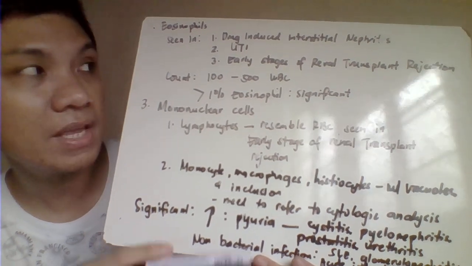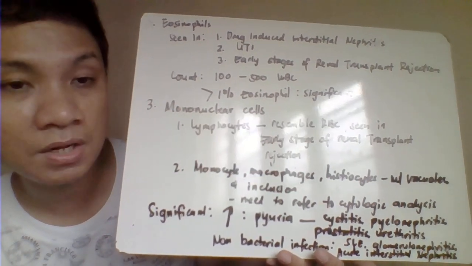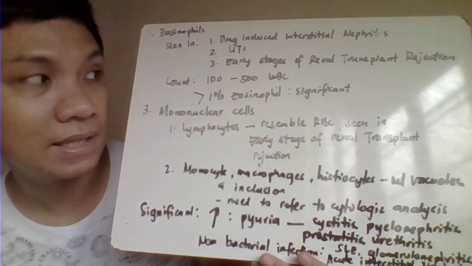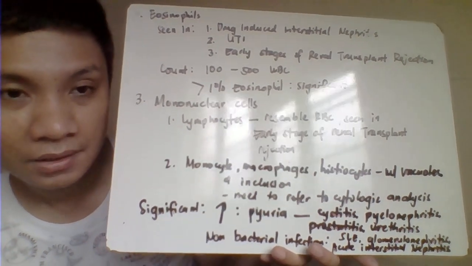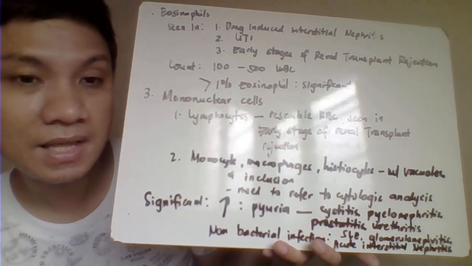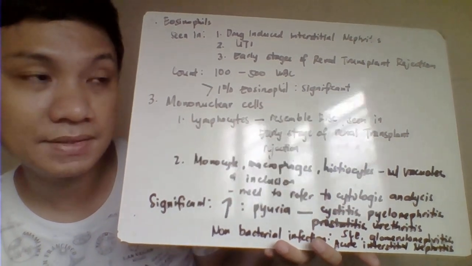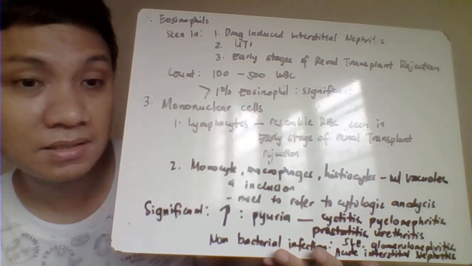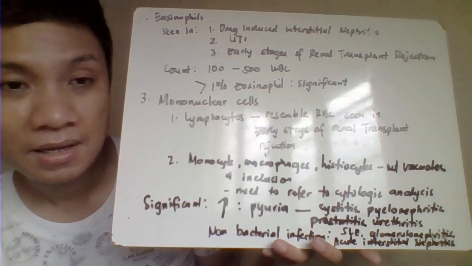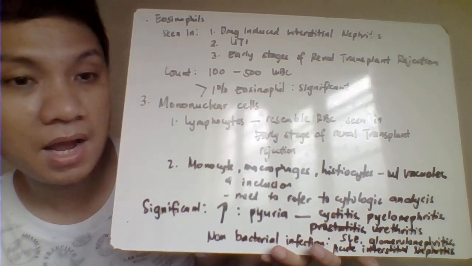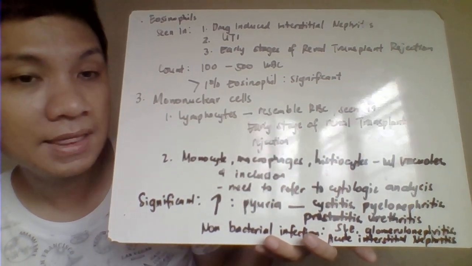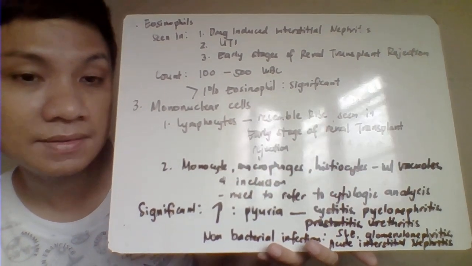Eosinophils could also be found in some urinary tract infections and in the early stage of renal transplant rejection. To identify eosinophils, you could perform a stain, the Hansel stain. All you need to do is prepare a dried smear by cytocentrifugation or by centrifugation, and then stain with the Hansel.